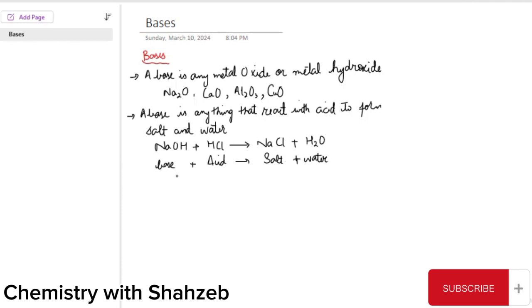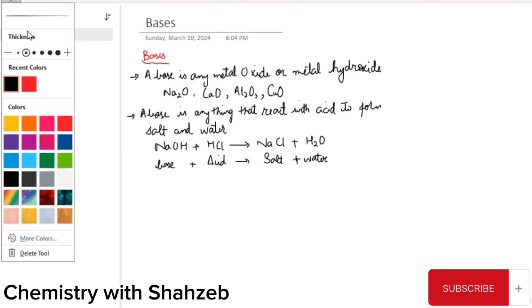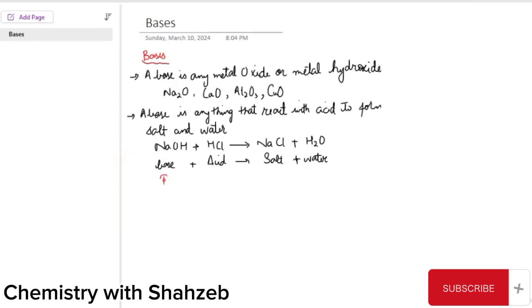Okay, so let's move further towards the difference that exists between a base and an alkali. So what is actually the difference between a base and an alkali?